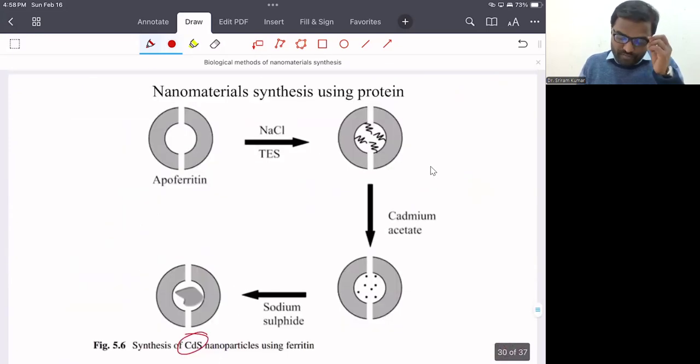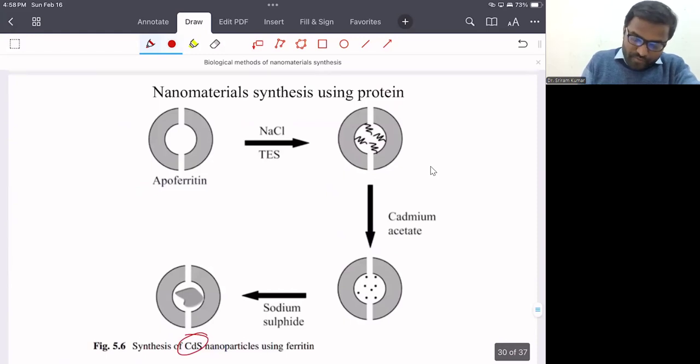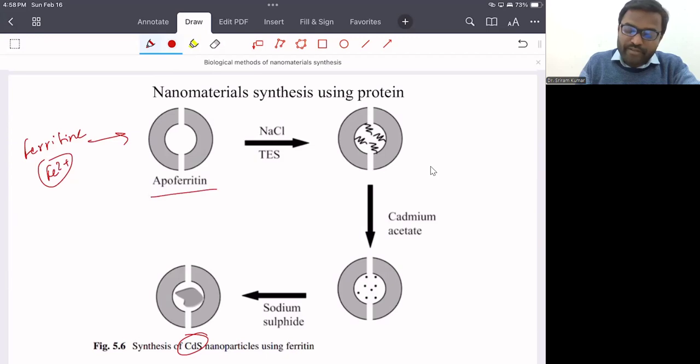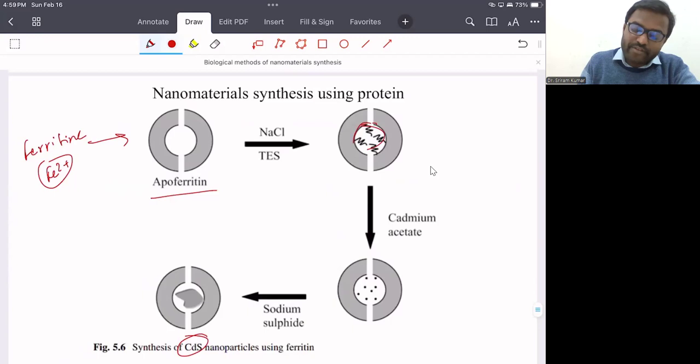In this approach, we first convert ferritin to apoferritin by removing iron 2+ from it. So we get the apoferritin, and we titrate the cavity with NaCl. When we add cadmium acetate, which is the source of cadmium 2+, that cadmium will enter inside the cavity.